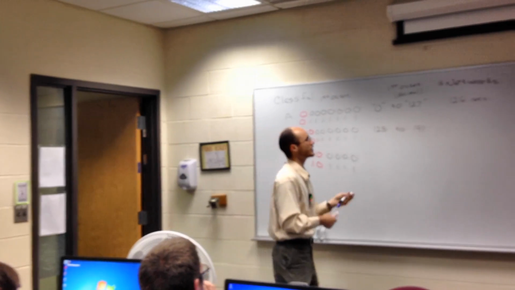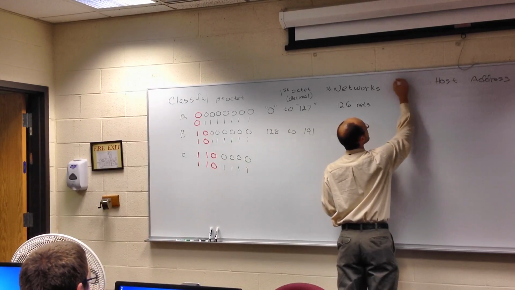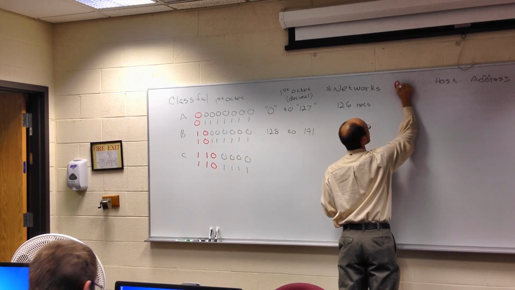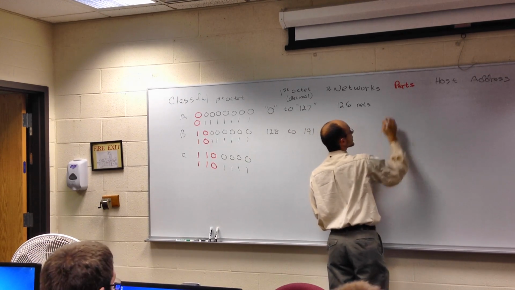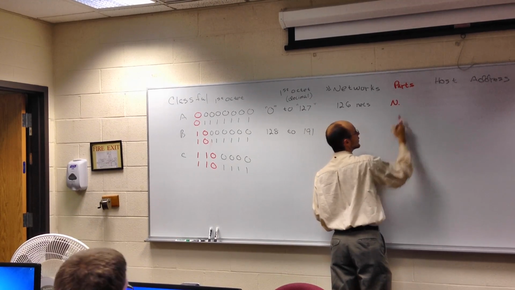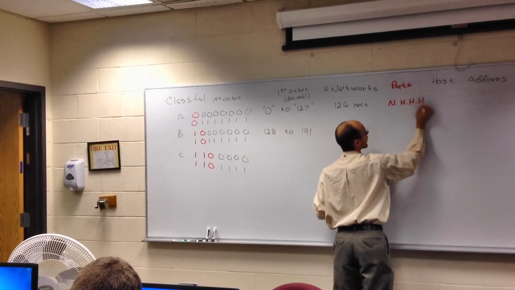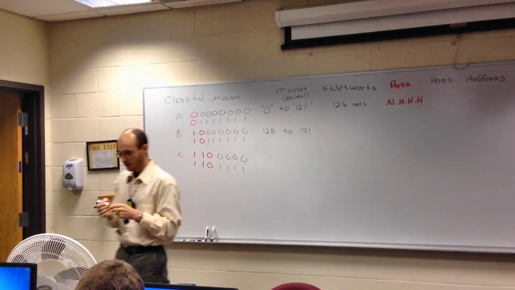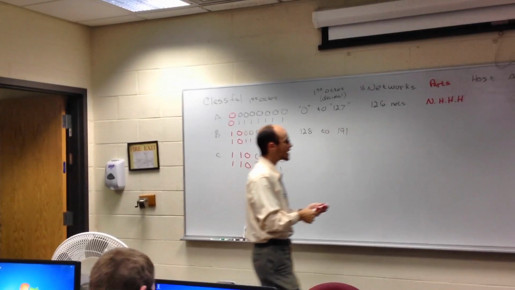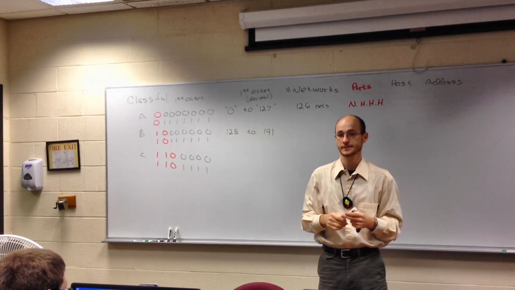So let me write in red just a little reminder that I screwed up. And that is, I need to know my parts. Class A tells me that the very first octet represents the network part. And then what about the other three? So I wrote N for network, dot H, dot H, dot H, correct? I have 3 H's. So therefore, I have 24 bits set aside for my host address.